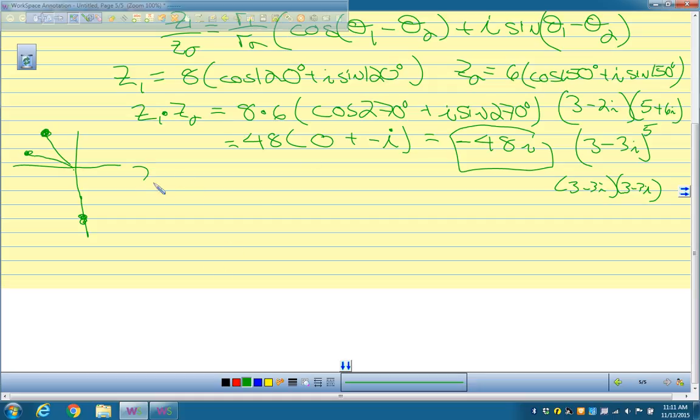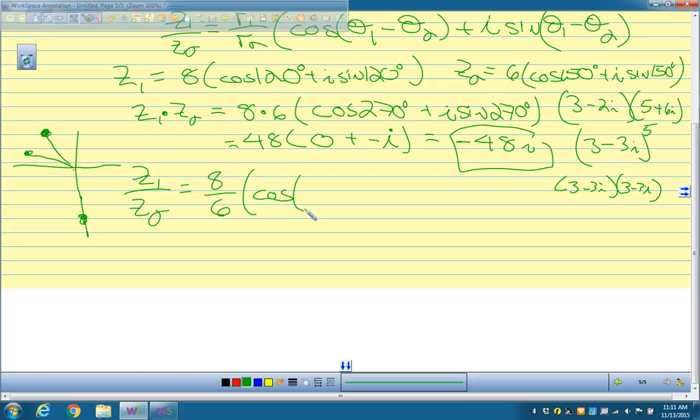Just Z1 divided by Z2, real quick, this is the last thing, is this divided by this. So it's just 8 divided by 6 times the cosine of, you subtract the angles, okay? 120 minus 150.